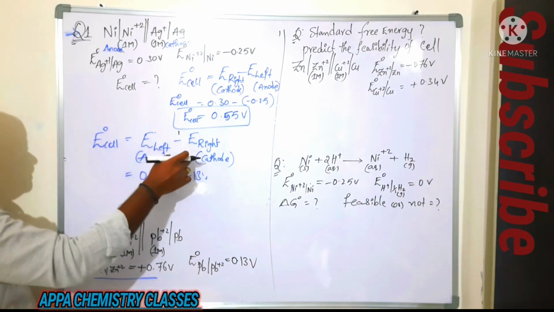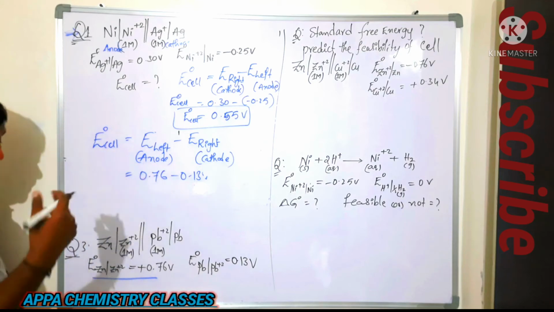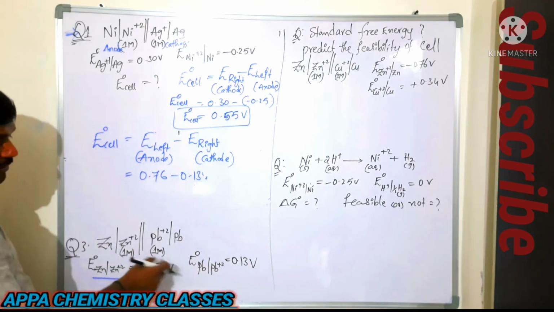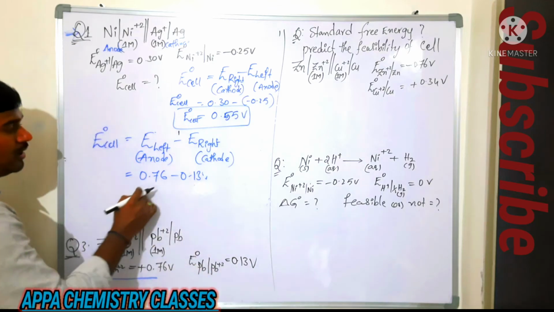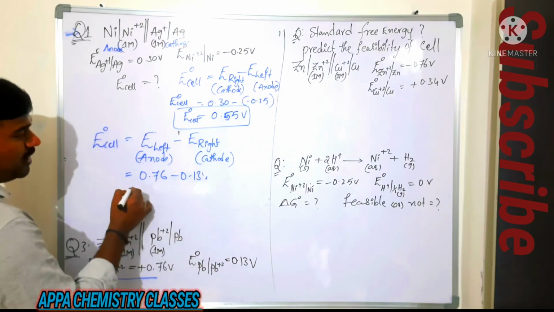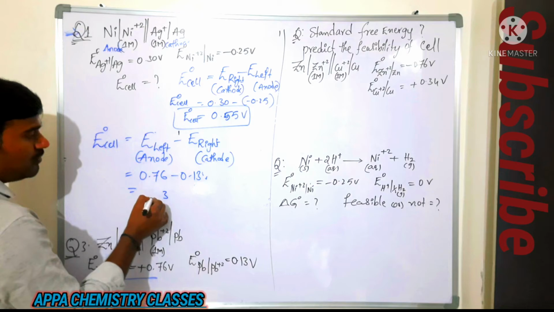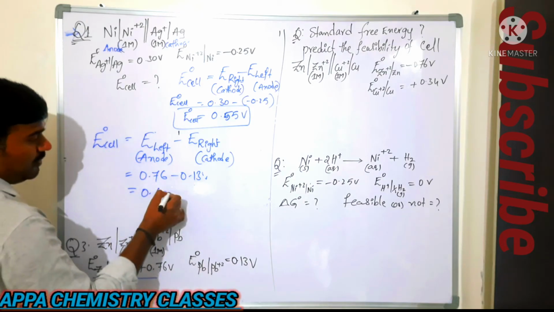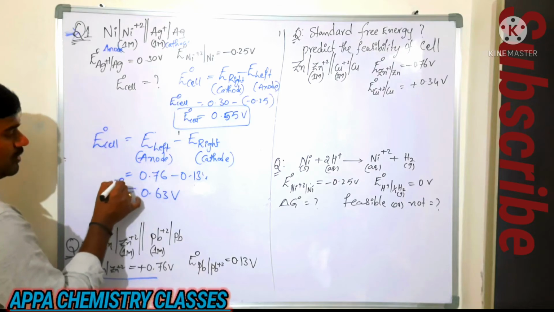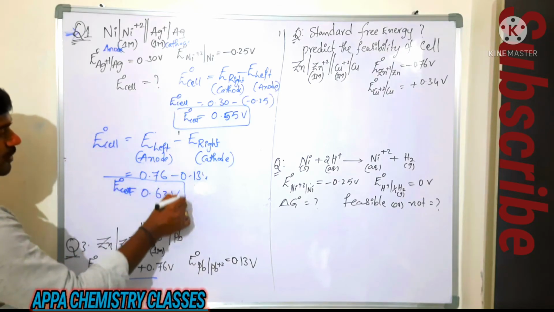We had not taken E right minus E left; if you want, you can convert by multiplying with minus and substituting. You will get the same value. Plus 0.76 minus 0.13 becomes plus 0.63. That is the standard electrode potential.